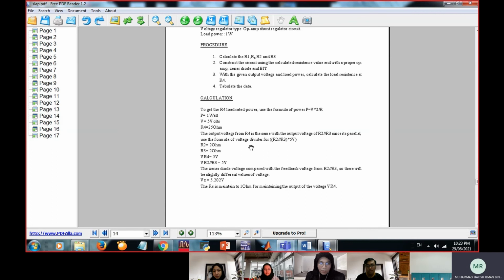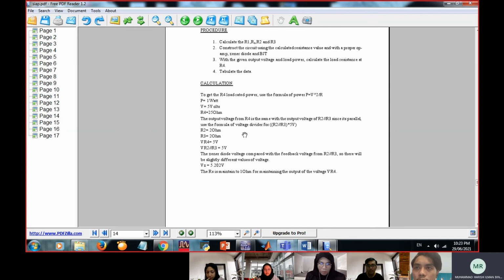The output voltage from R4 is the same as the output voltage of R2 parallel with R3. Since it is parallel, we use the voltage divider formula to get the output voltage of R2.